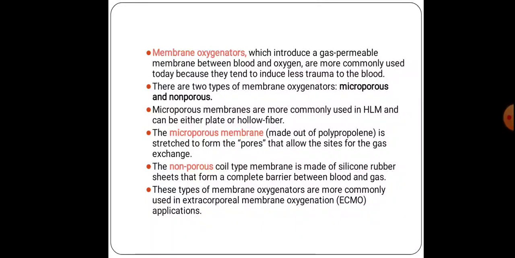The non-porous coil type membrane is made up of silicone rubber sheets that form a complete barrier between the blood and the gas. So microporous is made up of polypropylene and non-porous is made up of silicone rubber sheets. This type of membrane oxygenator is commonly used in extracorporeal membrane oxygenation, mainly in ECMO applications.